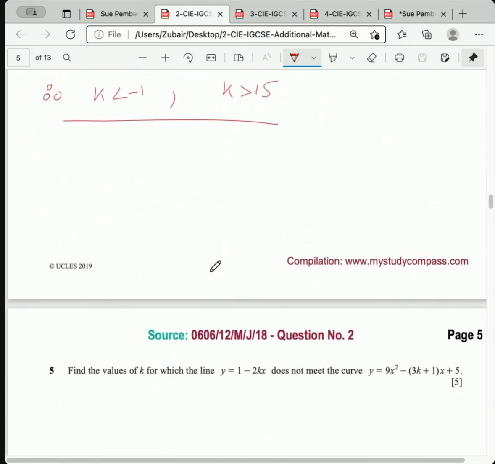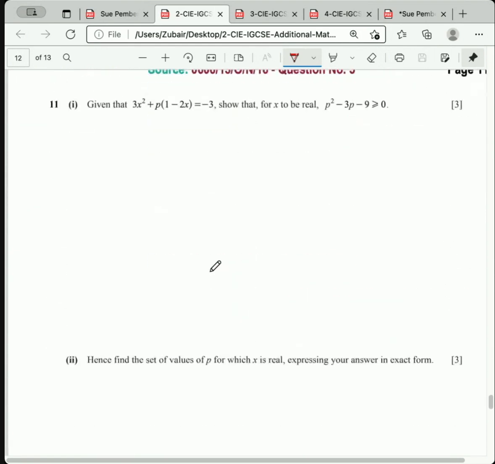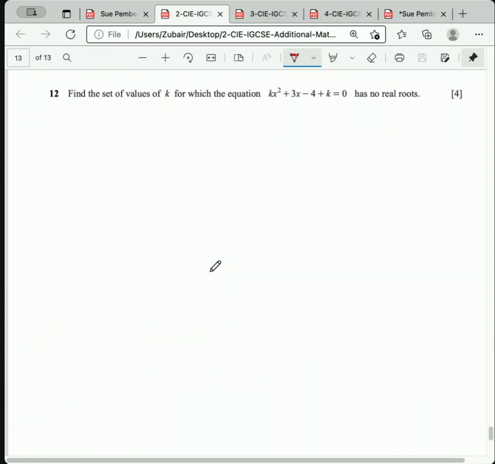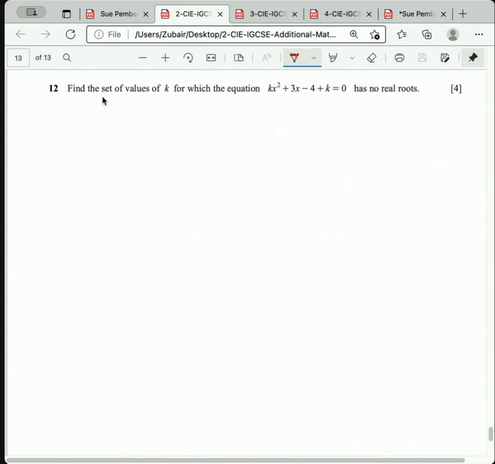And then 12. Yep, 12. Find the set of values of k for which this equation has no real roots. No real roots. The case is again b squared minus 4ac less than 0. Kx squared plus 3x plus k minus 4 is equal to 0. This is already arranged.